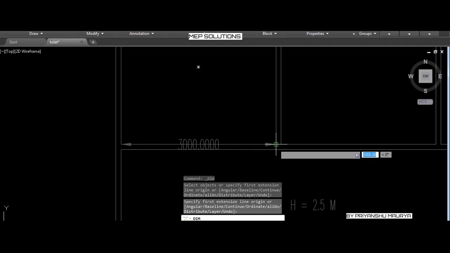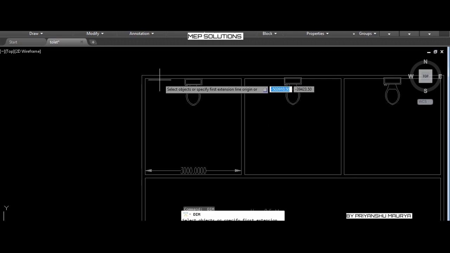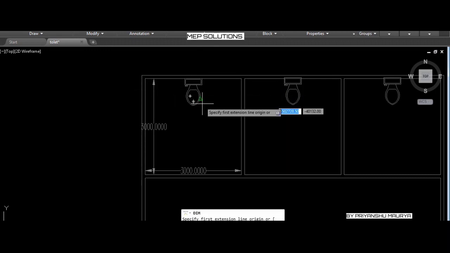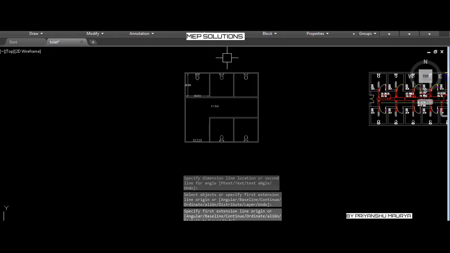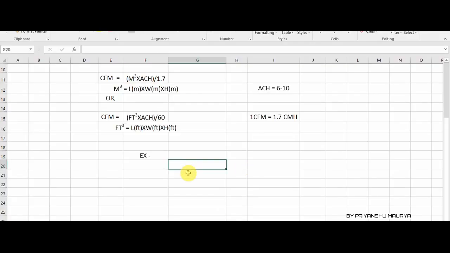So toilet size is 3 meter by 3 meter. Each toilet size is 3 meter by 3 meter, and the height is 2.5 meter.